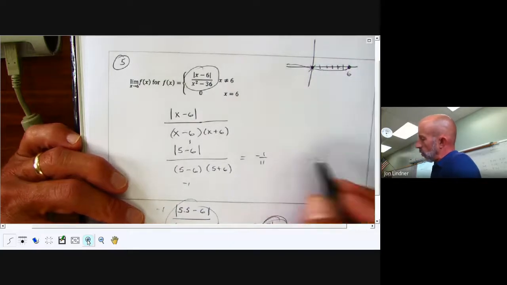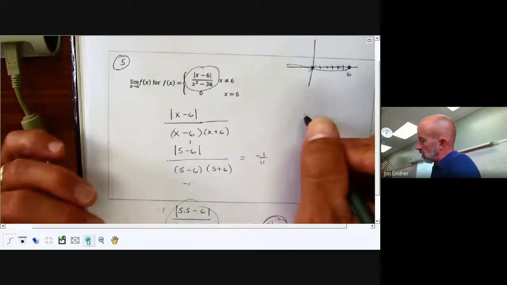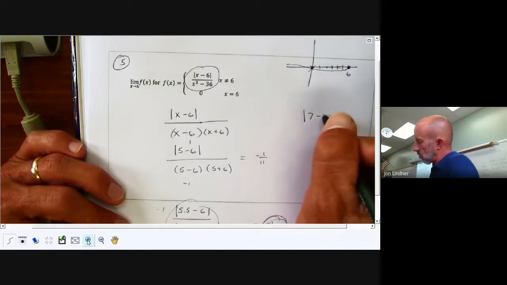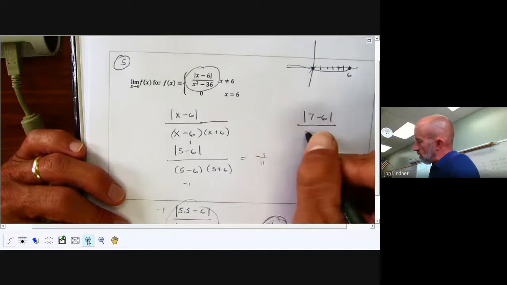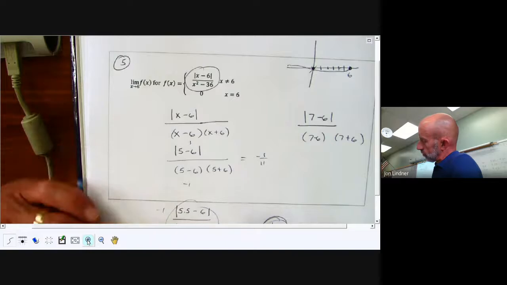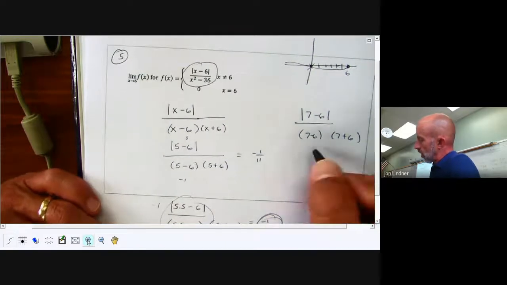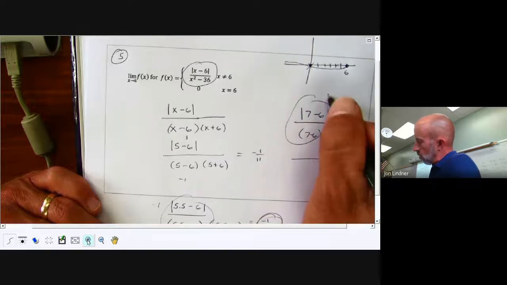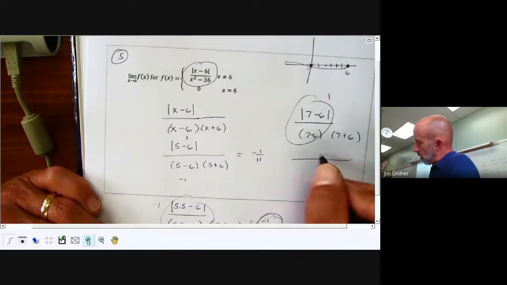left and right, what would happen if we looked at it from the right? We would see the same thing. If I were to do from the right, the absolute value of 7 minus 6 over 7 minus 6 times 7 plus 6. All right, I'm going to have 1. This thing is going to be 1/13.